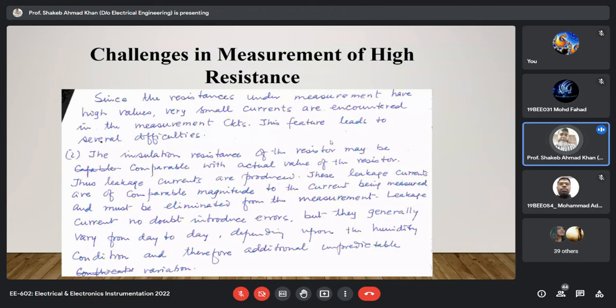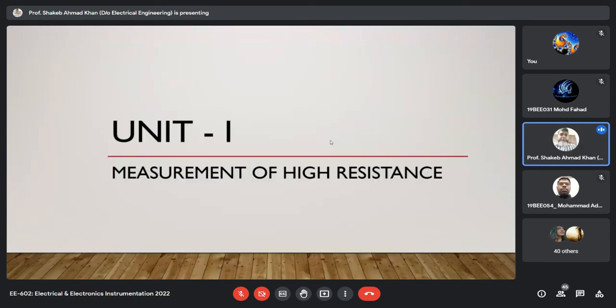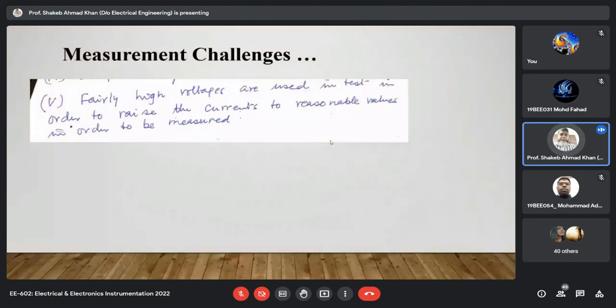Because this is a large value resistance or insulation resistance, in both cases the resultant current will be very small, because your resistance is very high. So even to get a significant amount of current, we require a very high voltage source. That is also one of the issues. Fairly high voltages are used in tests in order to raise the current to a reasonable value to be measured. So these are the challenges.